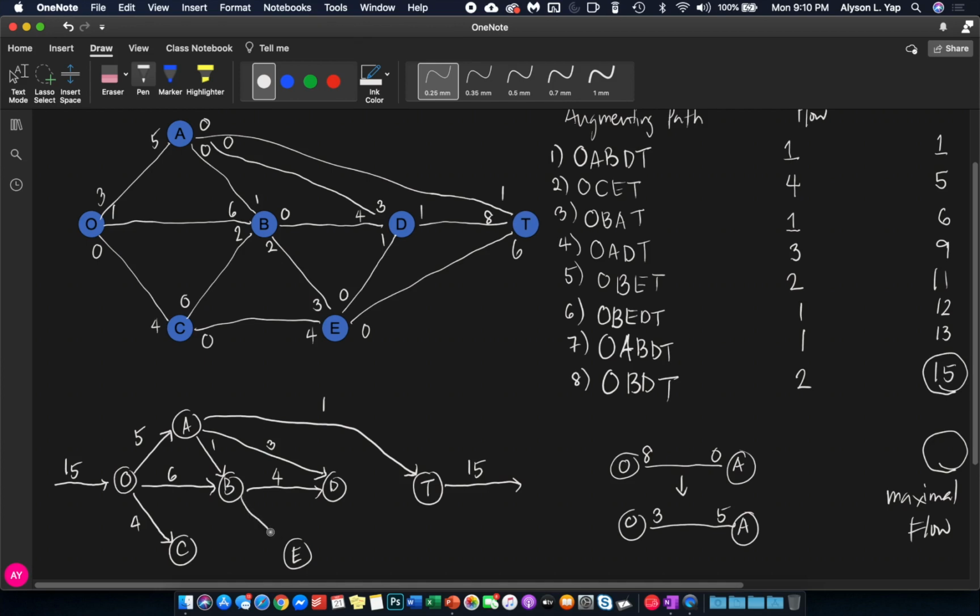Therefore, we know 3 units moved to E. And as you can see, if 7 units entered B, then 7 units also exited B. How? 4 units went to D and 3 units went to E. For C, 4 units entered C, and as you can see in the capacity, 4 units went to E. Okay?